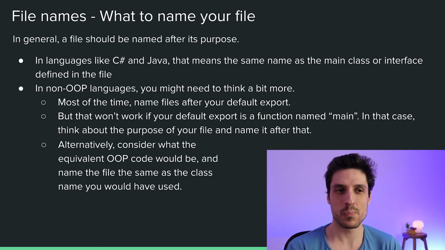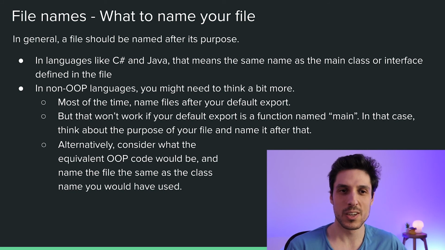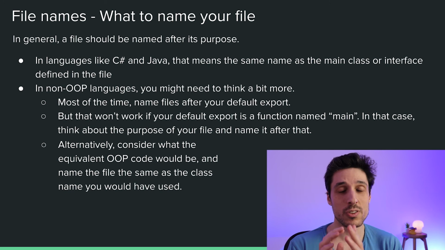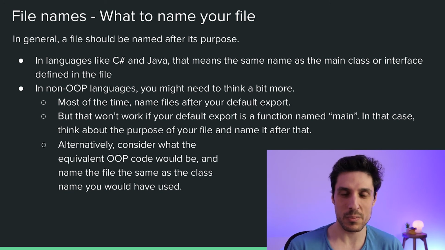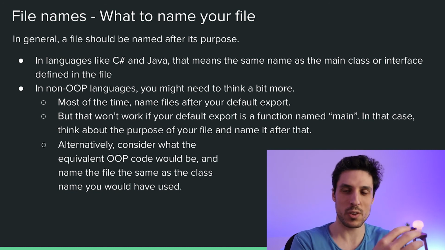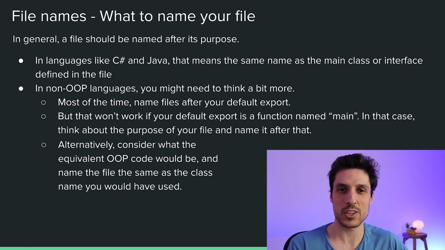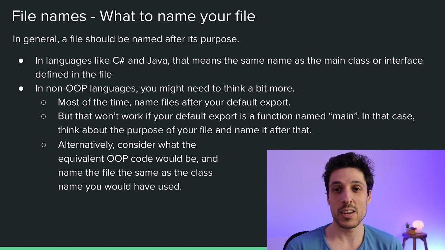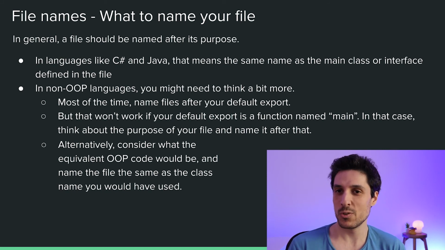Another possibility is that, say you have a file that has some utility functions in there, for example, some functions that you use in your tests, and you don't default export any of them because they're all of equal importance, right? None of them is more special than the others, so that you would default export that one. Again, in that case, what do you choose, right?